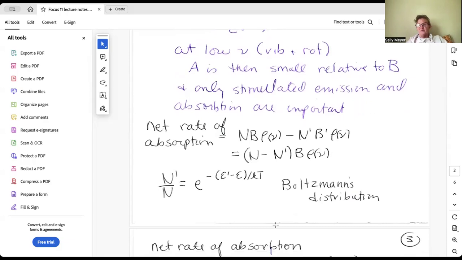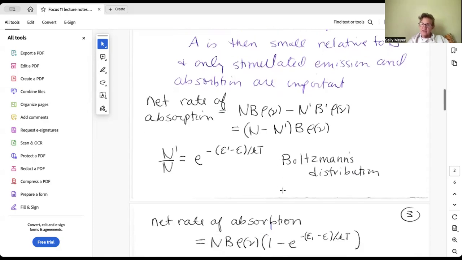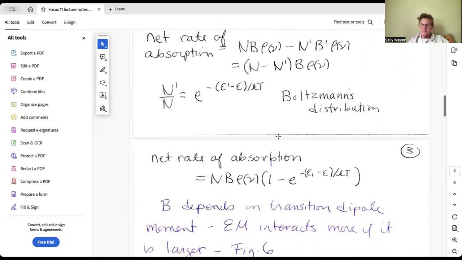We'll learn about the Boltzmann distribution later, but it's a way to understand how many molecules would be in the excited state compared to another state. And so it says that the ratio of two states is equal to e to the difference in those energy states. So we can put that in here.